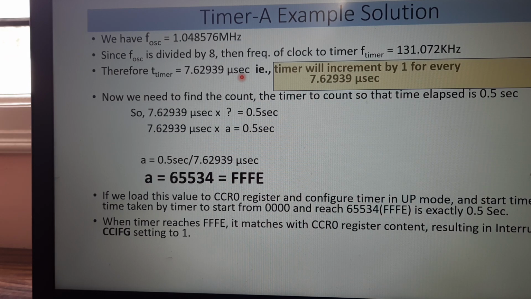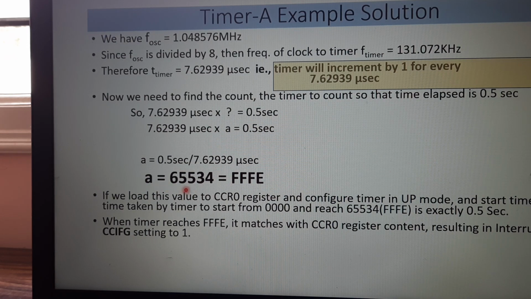So if the timer is incrementing every 7.6 microseconds, how many times must it increment to achieve 0.5 second? Here the relation: I'm going to find the value A equal to 0.5 second divided by 7.6 microseconds.